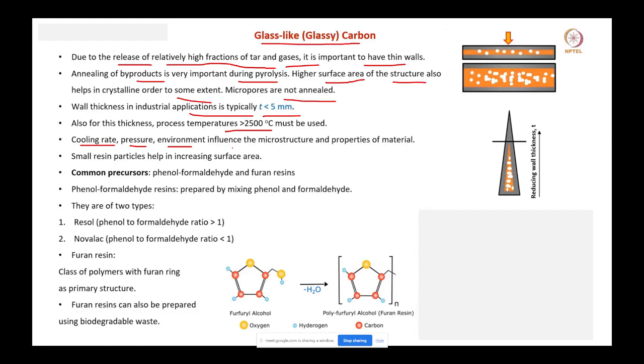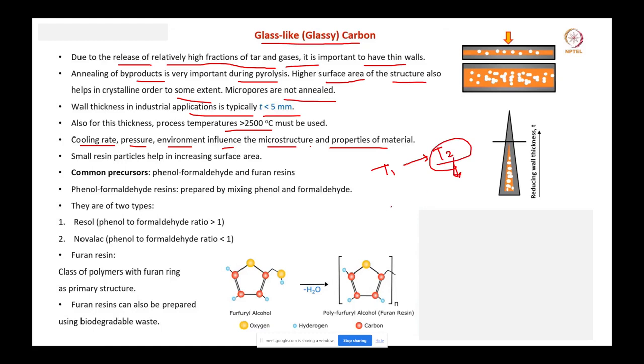These are all influencing factors that can affect the microstructure and properties of the material. Suppose your process temperature is T1, but you are not using T1, you are using T2, then the properties of your material might vary because of this temperature.